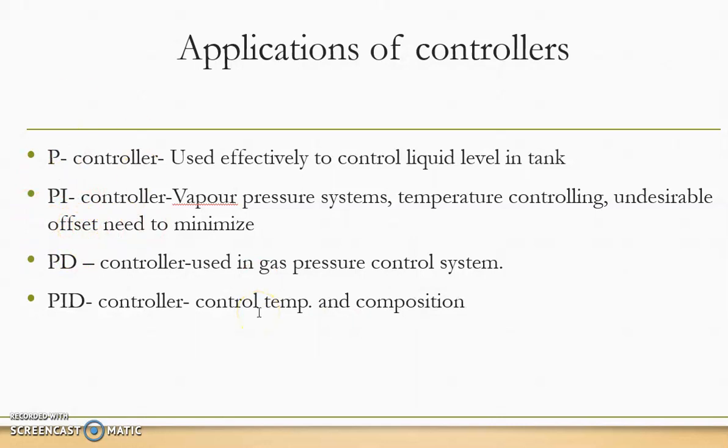So when we want to reduce the undesirable offset, the PI controller is used. The PD controller is used in gas pressure control systems, where neither offset nor oscillations are required, and the PID controller is used for controlling temperature and in composition determination. When exact determination of the component is very important, PID controllers are generally used.